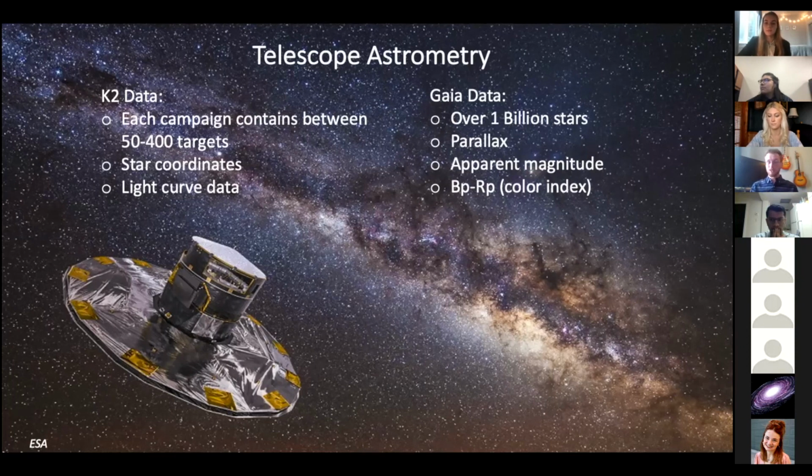Because they're looking for different things, it doesn't matter that they're looking in different wavelengths or using different equipment. Also, each star has distinct coordinates, RA and declination. Those coordinates are specific to that star, no matter what telescope is taking the data.